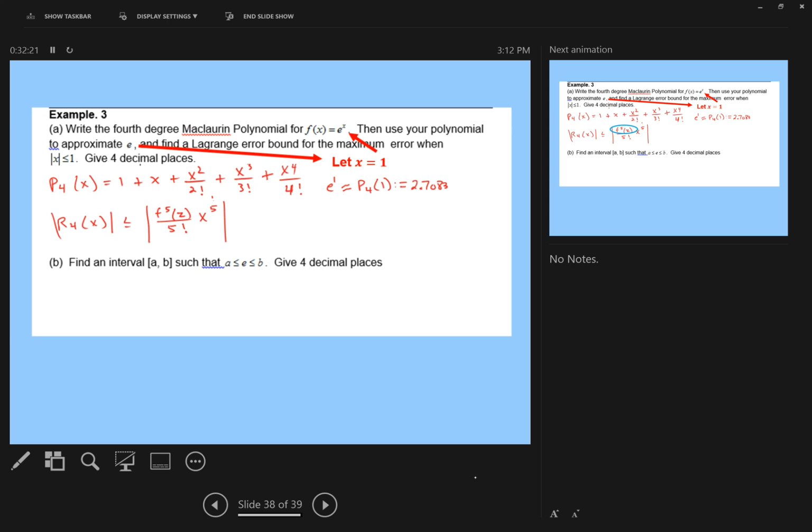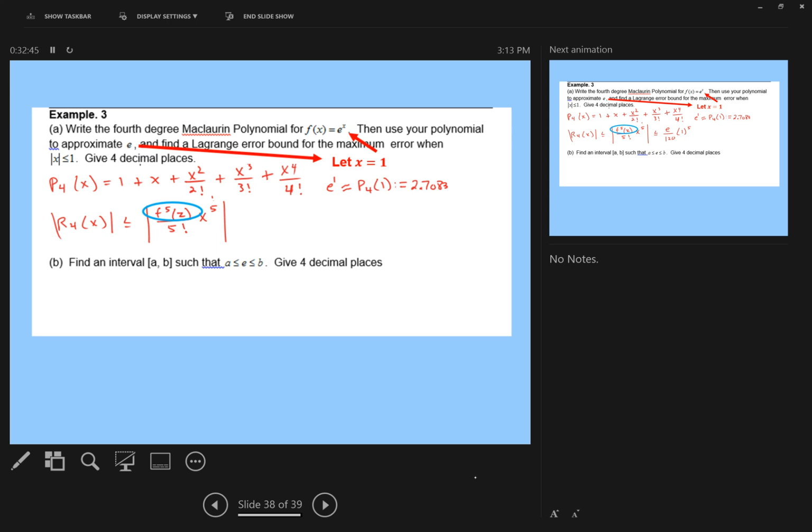Everybody okay? So, in order to come up with this value, what is it I need to find? I need to find the maximum fifth derivative. Okay, well, let's think about this. If f of x is e to the x, what's the first derivative? E to the x. Second? Third? Fourth? 100th? So I know the derivative is e to the x, right?